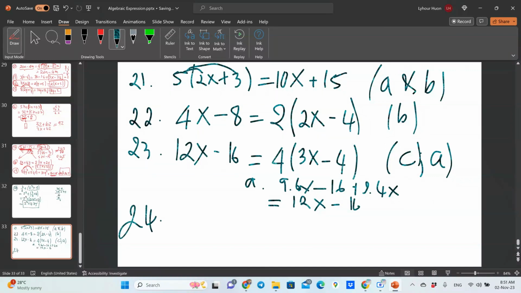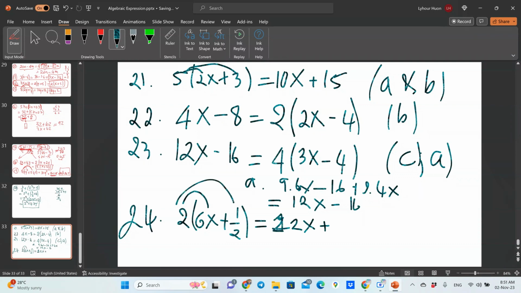24, we have 2 times 6x plus 1 over 2. If we distribute, 2 times 6x is 12x. 2 times 1 over 2 is 1 whole.